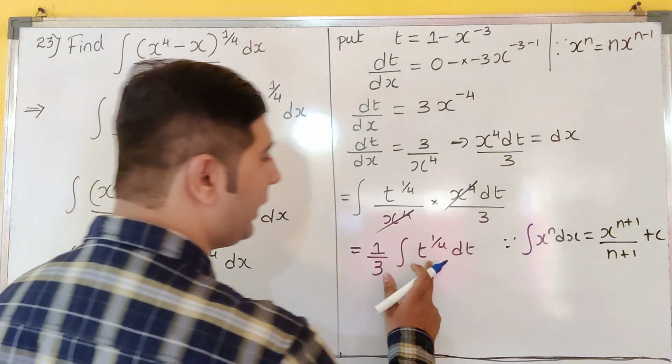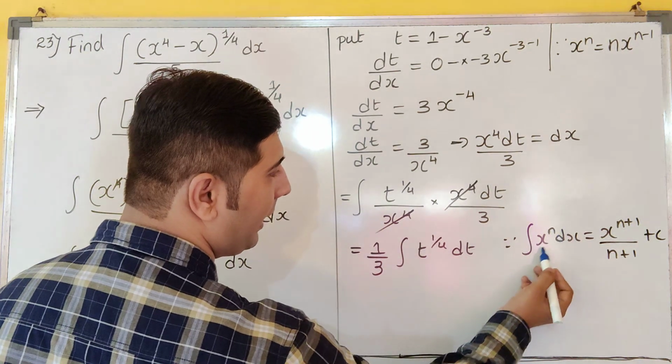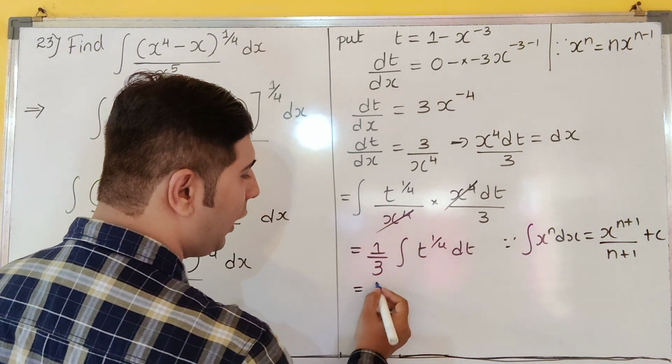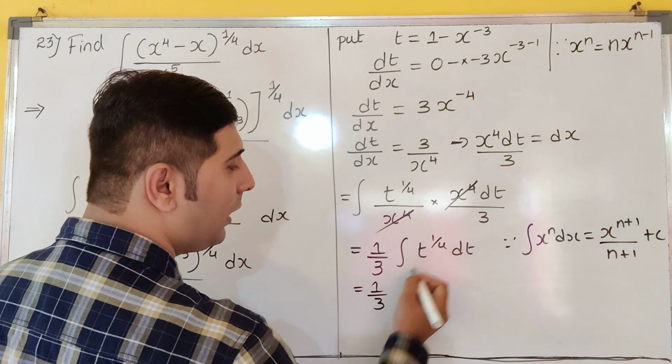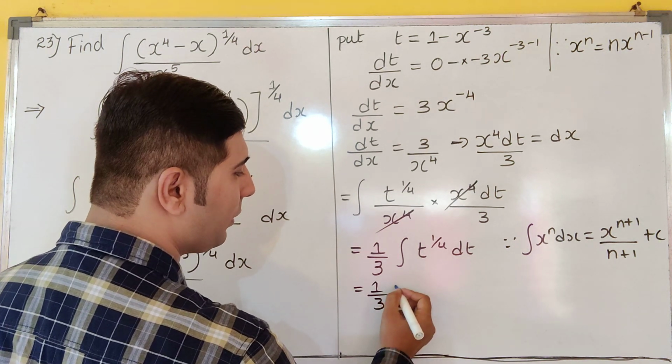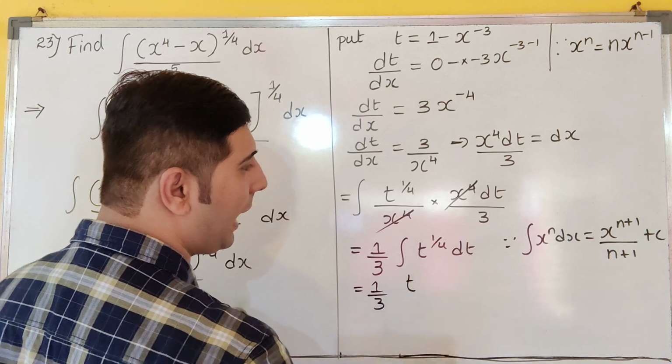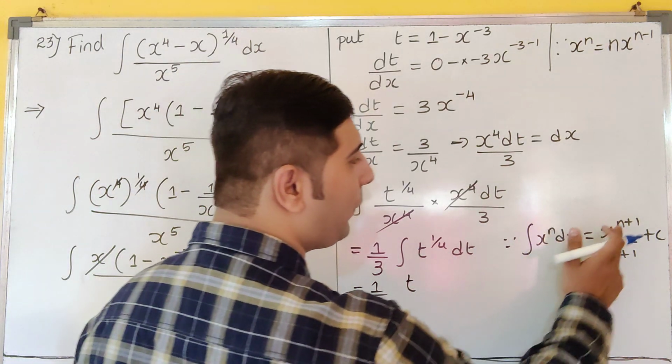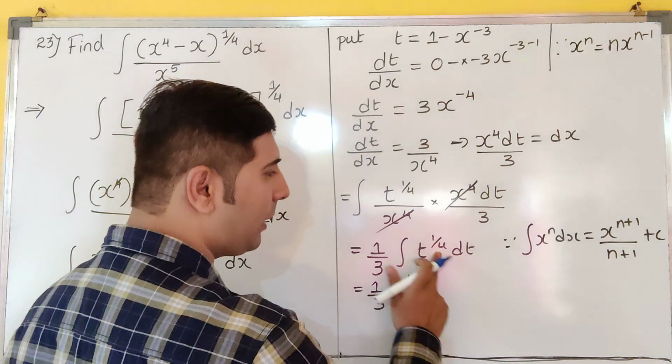So now here also it is looking like x raised to n. In place of x, t is there. How much you will get this one? t raised to, directly I will write, 1 by 4. n value is how much? 1 by 4.